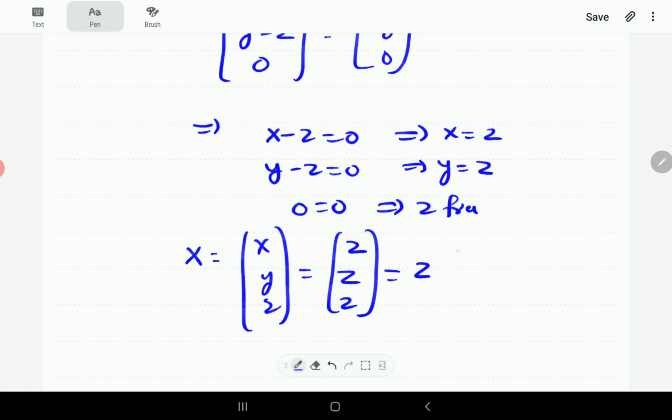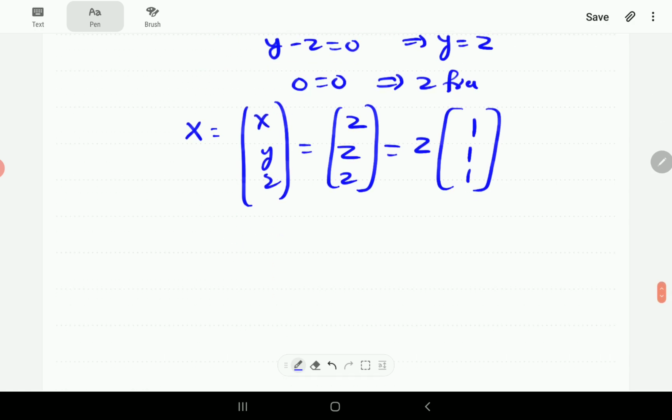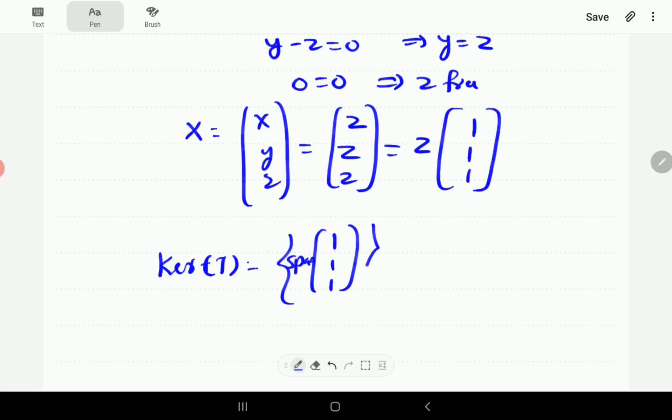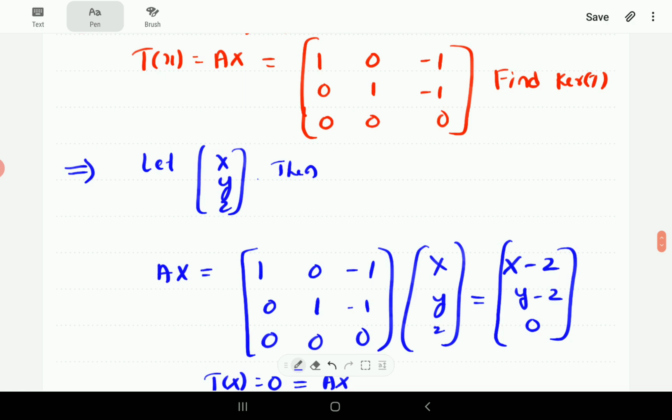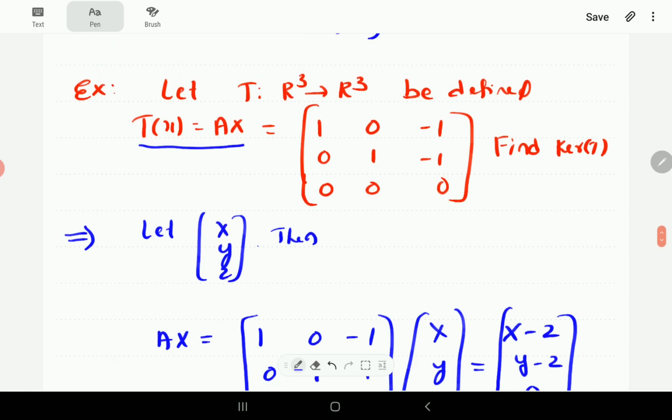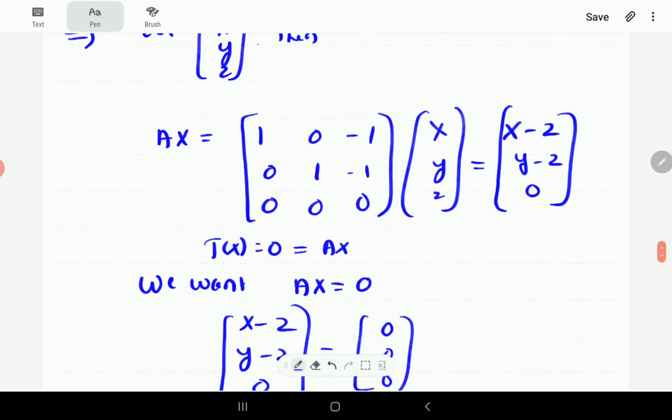So if I take z out, this is simply 1 1 1. So hence the kernel of t is span of 1 1 1. Okay, so this is our kernel of t. All right, so in this type of examples where the matrix is given to us and they have defined t of x is equal to ax, we will follow this method.